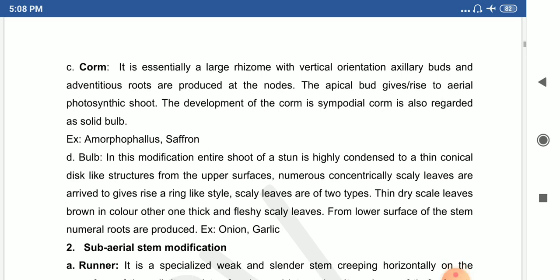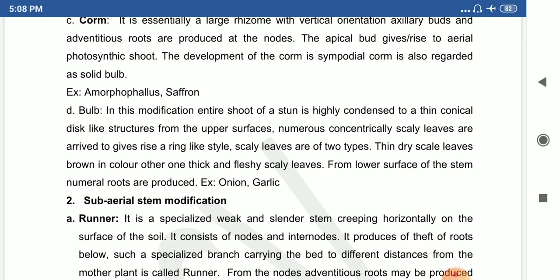A bulb is nothing but a modified shoot, and the leaves are arranged in a concentric manner. They form a specialized bulb-like structure. There are two types of leaves, scaly leaves and fleshy leaves. These two types of leaves form a special bulb-like structure in the underground portion of the stem.